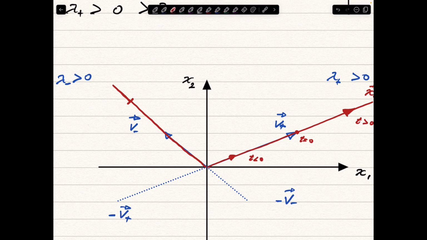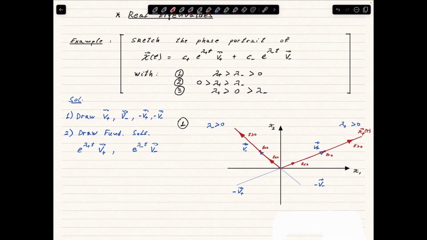Here we have the direction of increase in time. This is going to be t positive because lambda minus is positive. Here we are at t equals 0, and down here, some point here, is t negative. So it's another straight line.